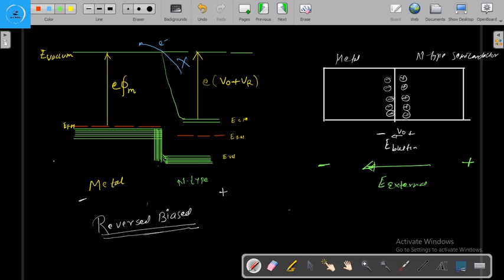Due to this applied reverse bias voltage, which will be equal to VR, the height of the uphill will be increasing, and because of that the electron cannot move from n-type semiconductor to the metal, right?